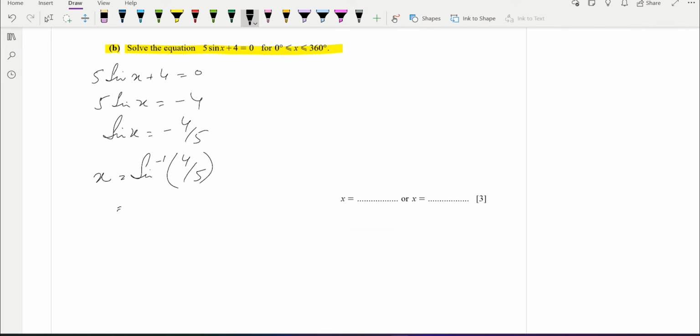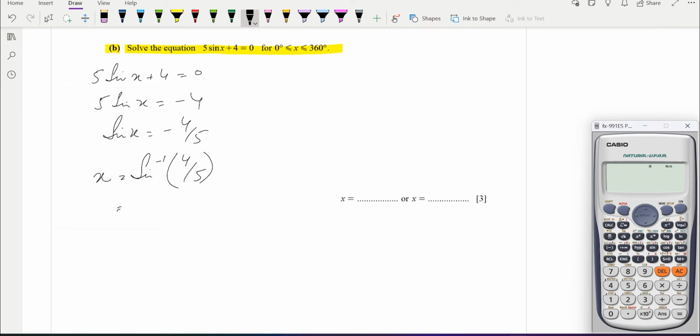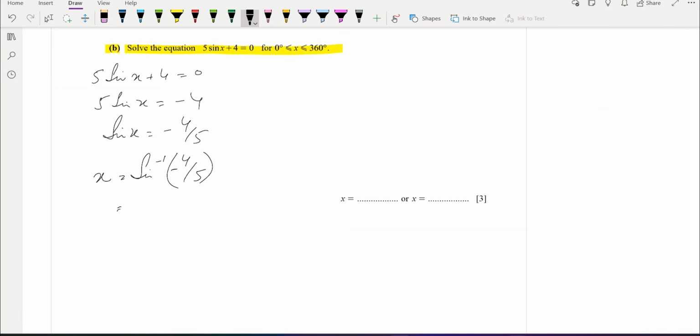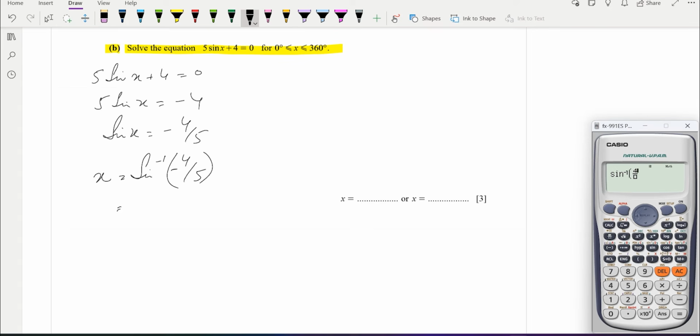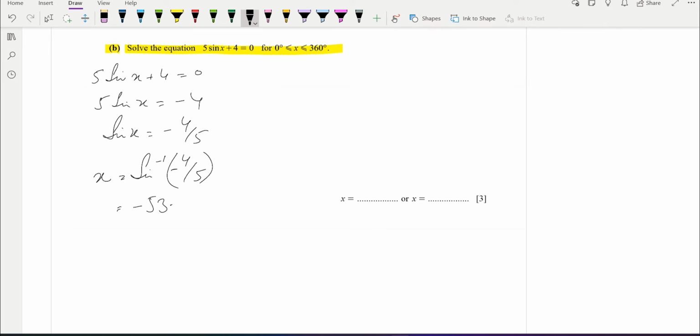We can use the calculator for sine inverse, shift sine, value is -4 over 5, and this will be equal to -53.13, this will be the x value.